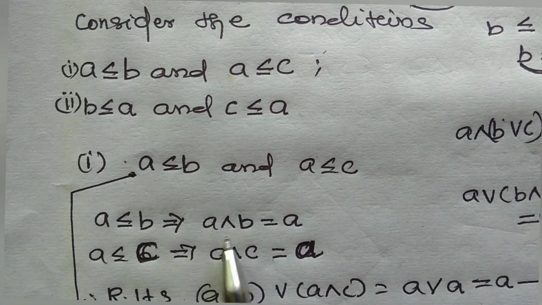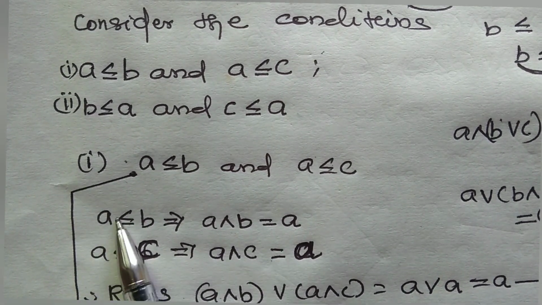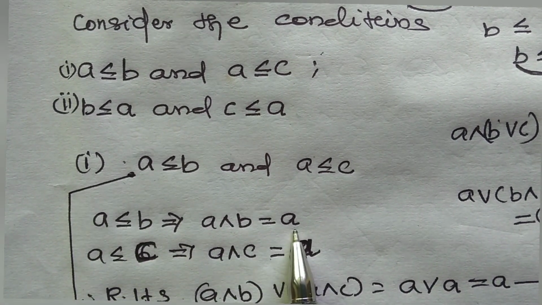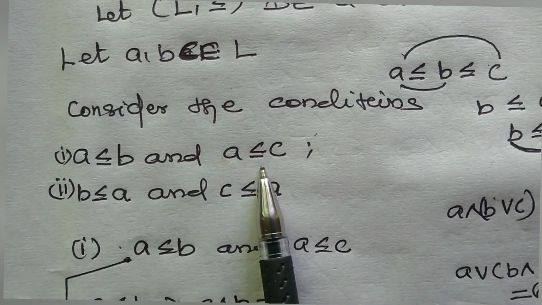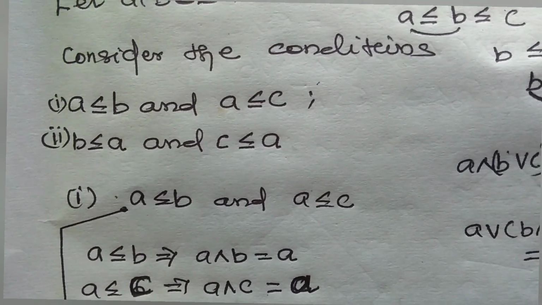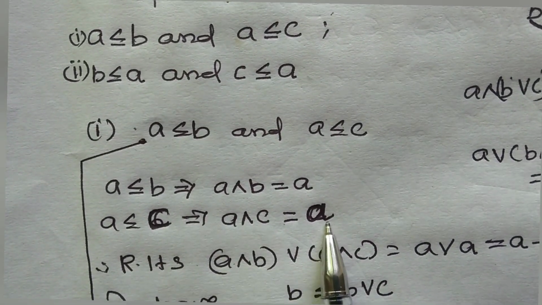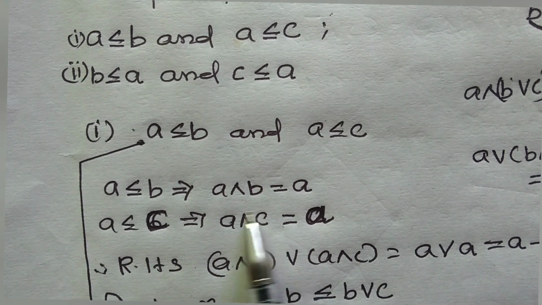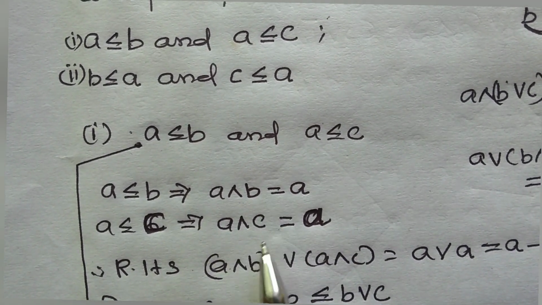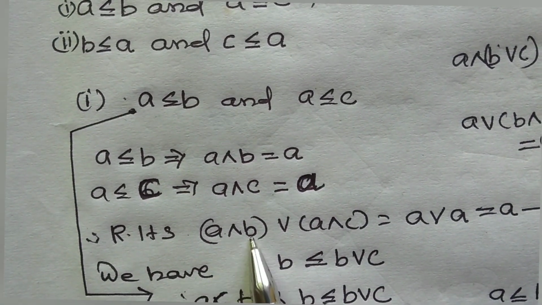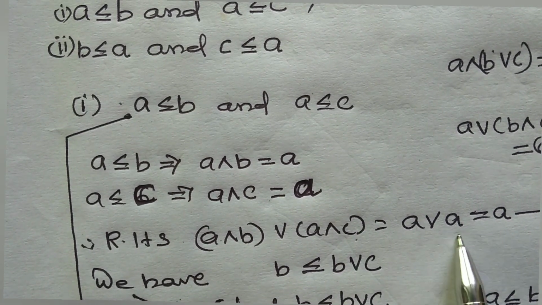And ∧ means the least value. A is the least value. Therefore a ∧ b is equal to a. Second one, a ≤ c. These are given conditions. So a ≤ c implies the least value of a and c is equal to a. Now we have to take the ∨ condition between a ∧ b and a ∧ c. So (a ∧ b) ∨ (a ∧ c) is equal to, substituting the values, a ∨ a.